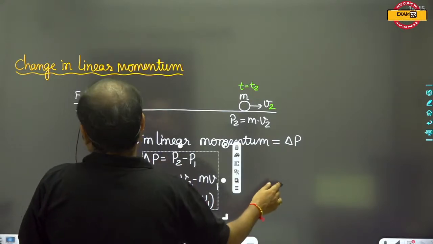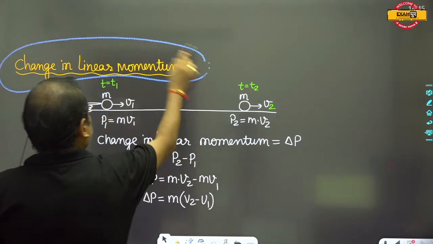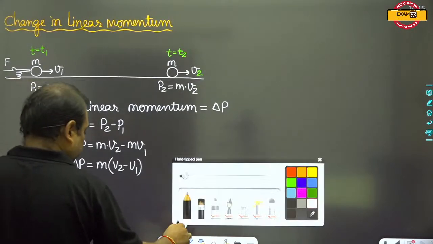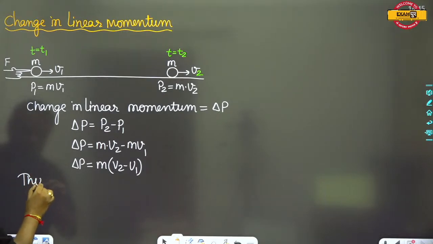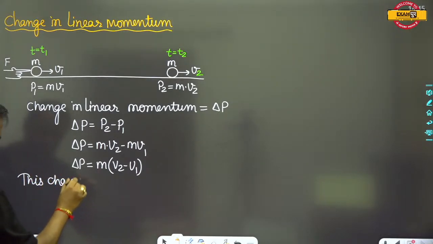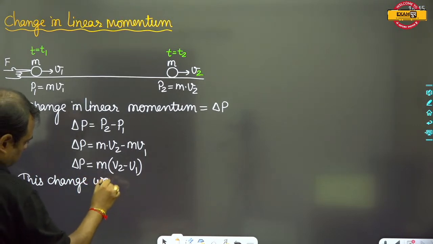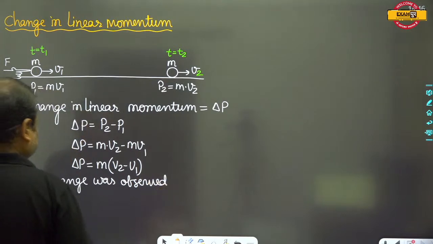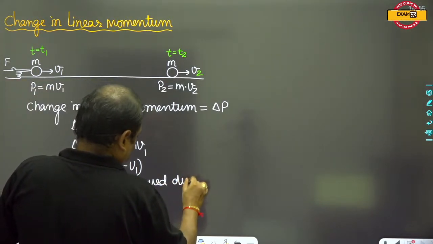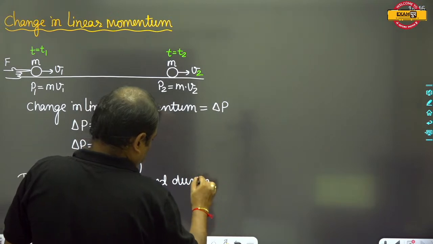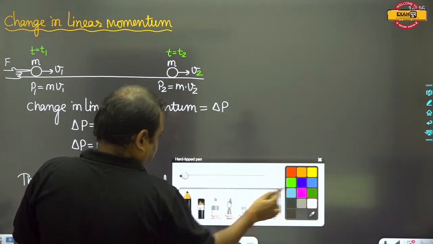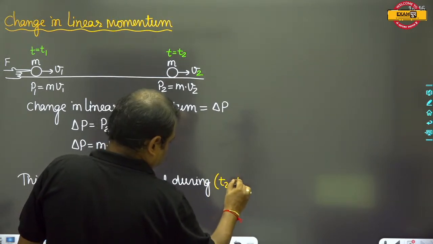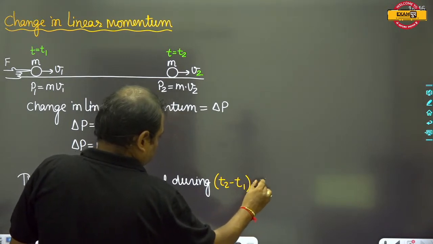This change was observed during time t2 minus t1. T2 minus t1 is equal to delta t.